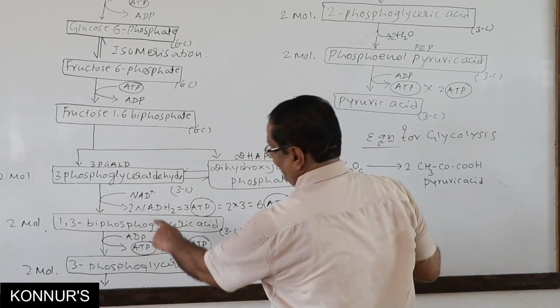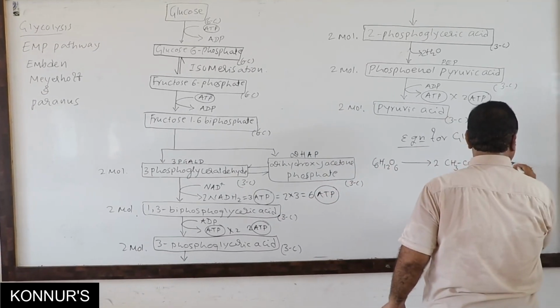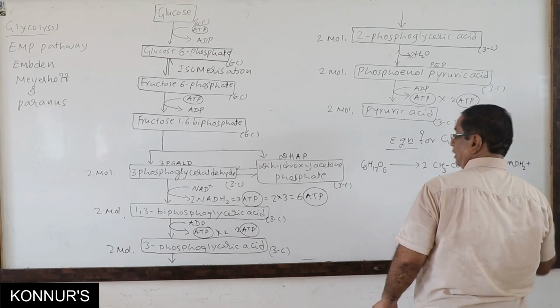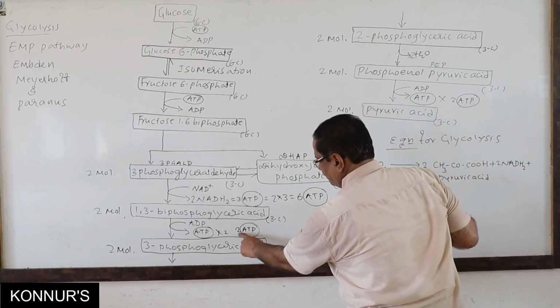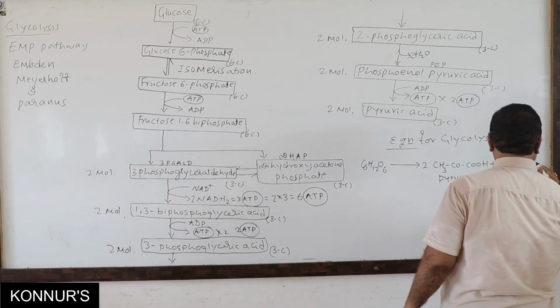And how many NADH2 are formed? 2 NADH2. How many ATPs are formed? Here 2 ATP, here 2 ATP.